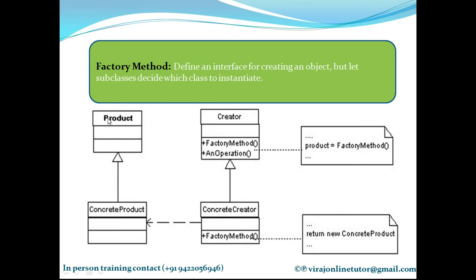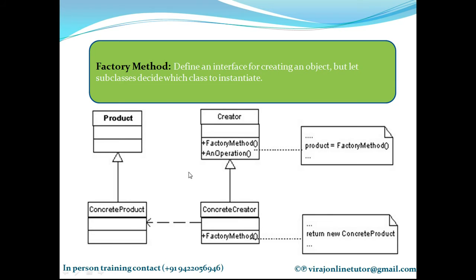This product is an abstract class, and then I have a concrete product which is inheriting from this product. Concrete product means the actual product. The product is just an abstract product which identifies a category of product, and the concrete product is the actual product. For example, in product I can say toothpaste, and in concrete product I can say Colgate. So Colgate is actual toothpaste. This is the product hierarchy.